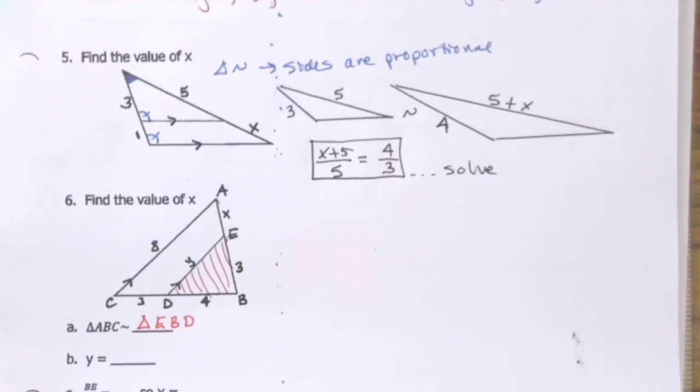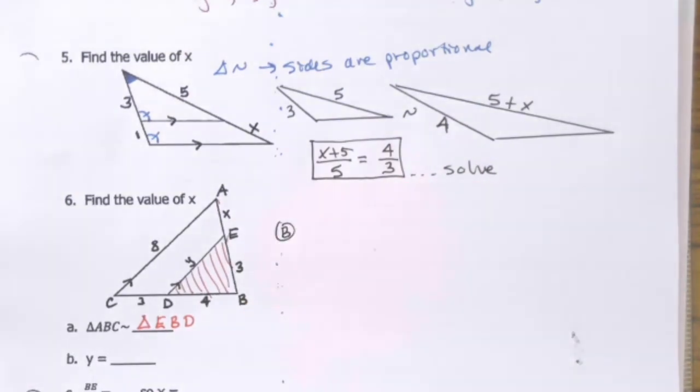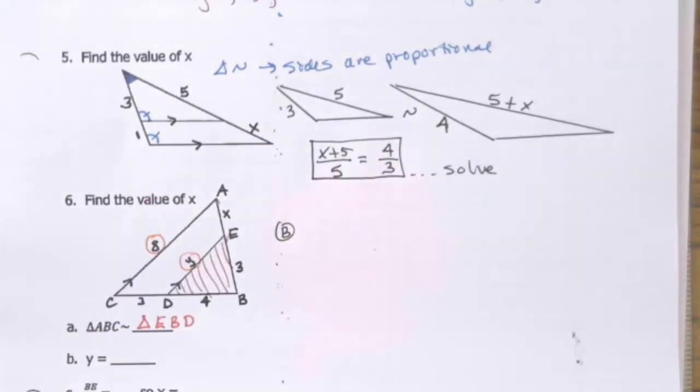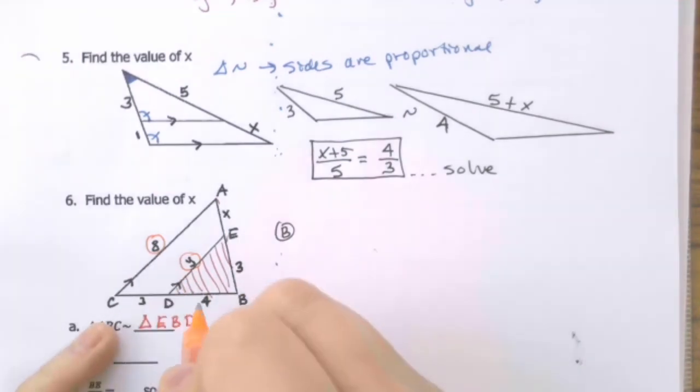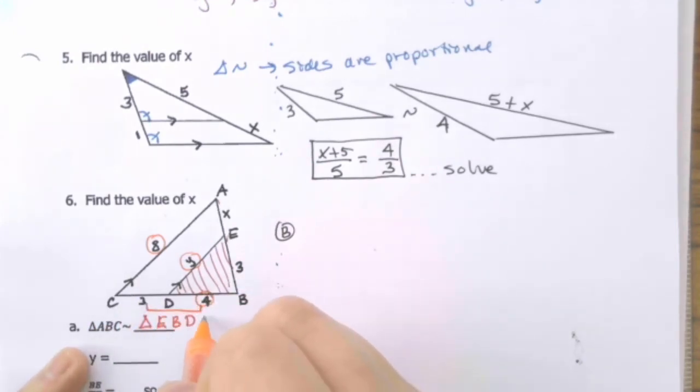Okay, so let's do B, which is to solve for the y. We'll do that one first. So looking at between the 2 triangles, y and 8 correspond, so that'll be one ratio. And then we have a 4, and then the long side here, which is going to be 7.